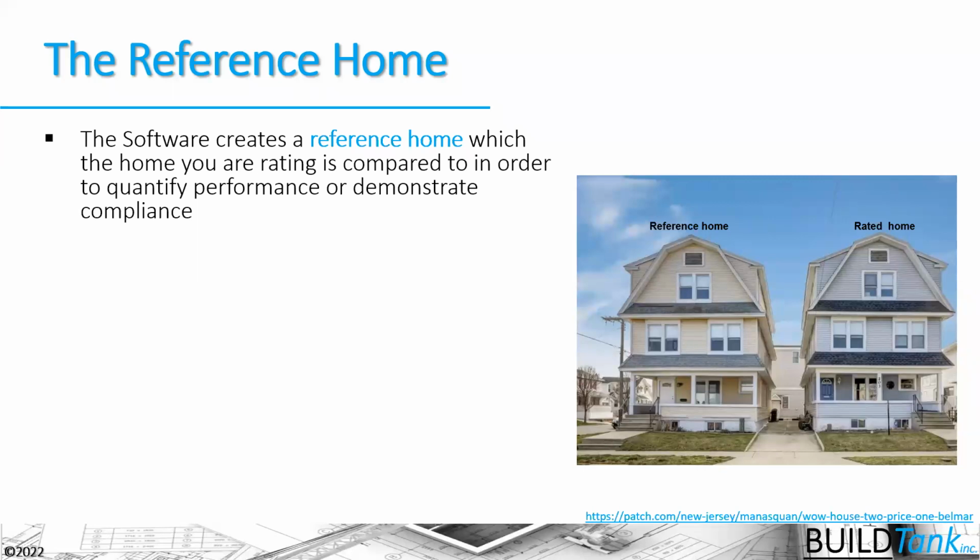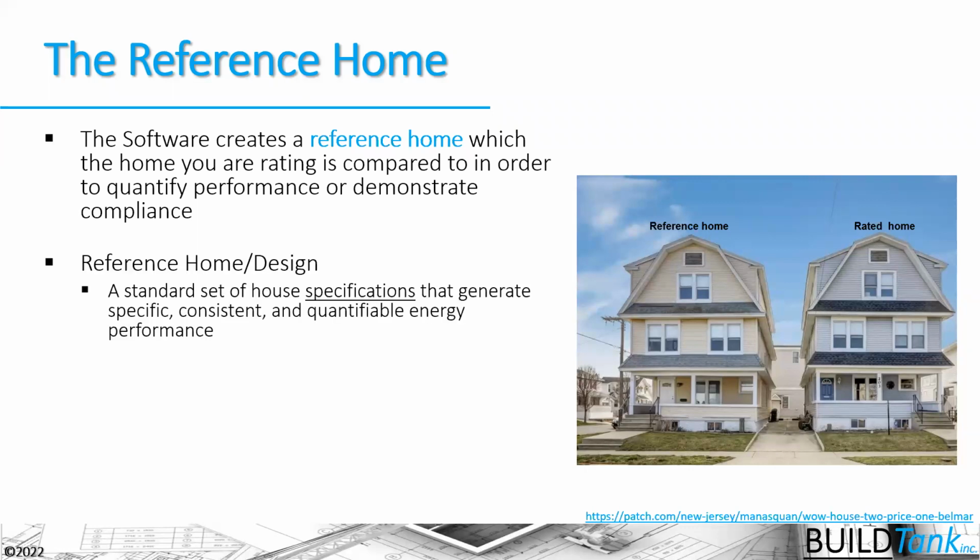Inside the software, it creates a geometric twin of the reference home. So we have the rated home and the reference home, which is the geometry of the house that you're actually demonstrating compliance for. On the reference home side, the reference home is a standard set of house specifications that generate a specific, consistent, and quantifiable energy performance.